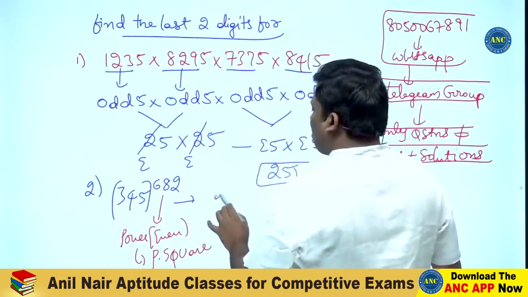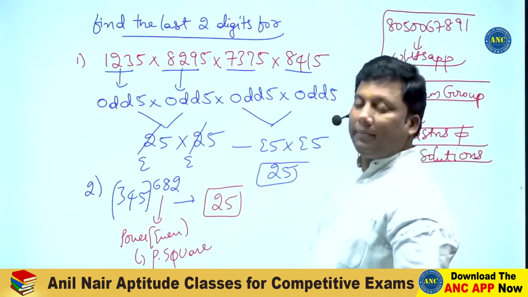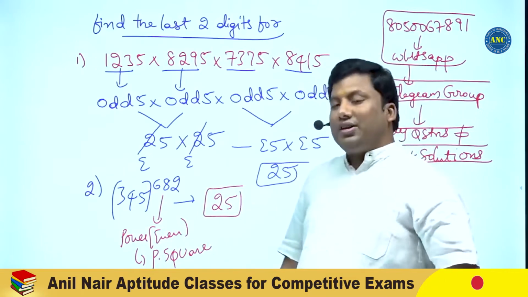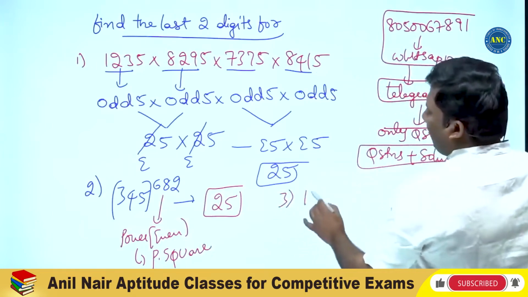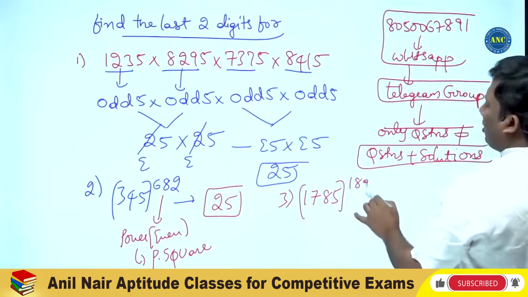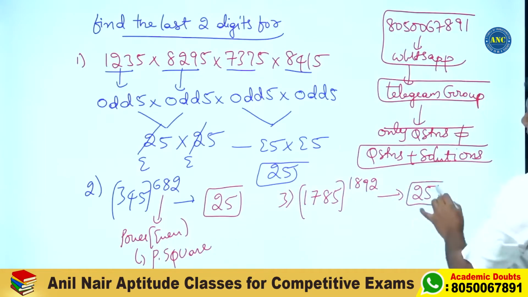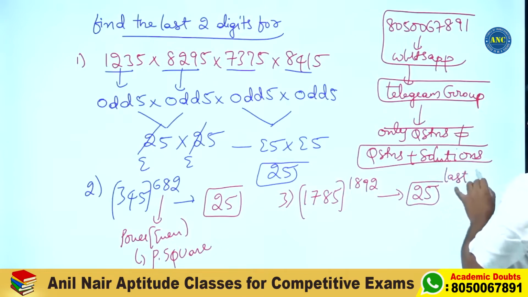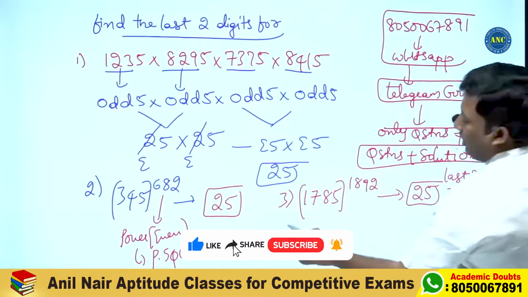Any perfect square ending with 5, last two digits will be 25. 1785 power 1892. Power is an even number. Last two digits will be 25.